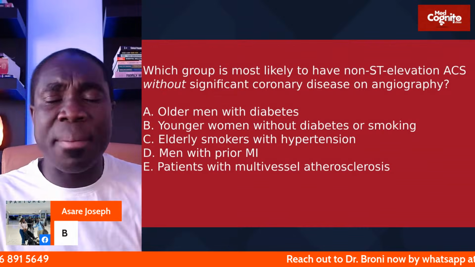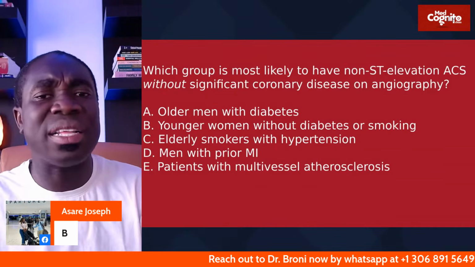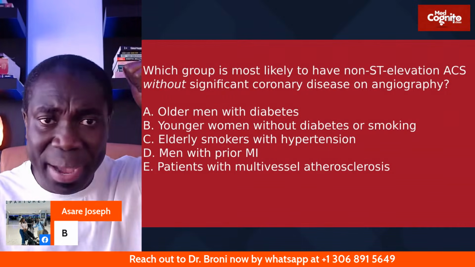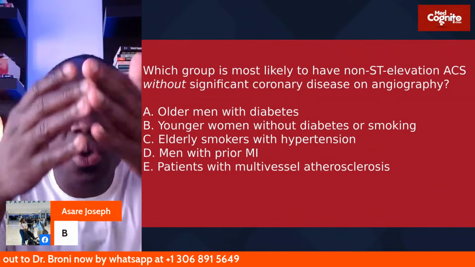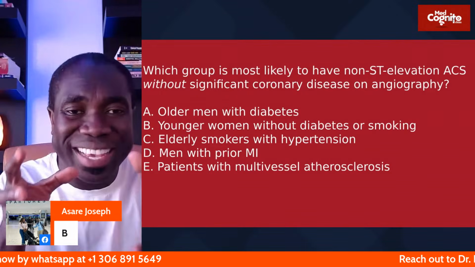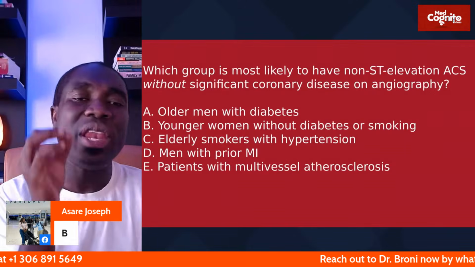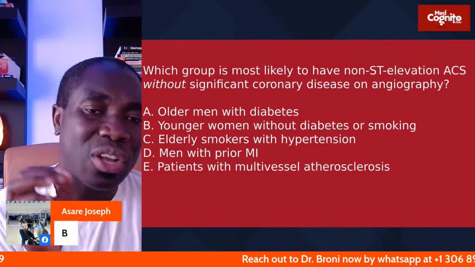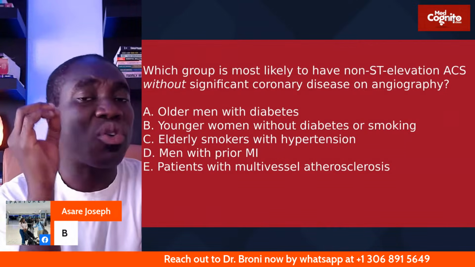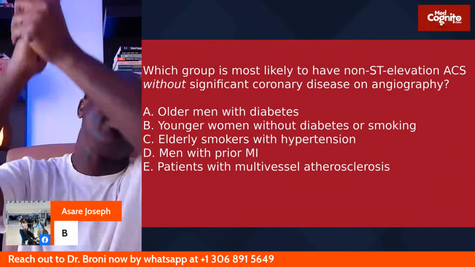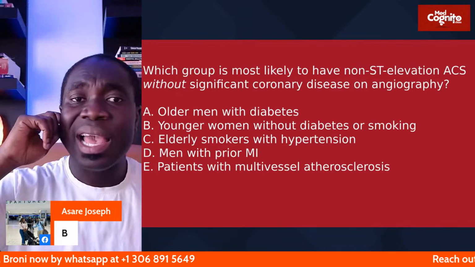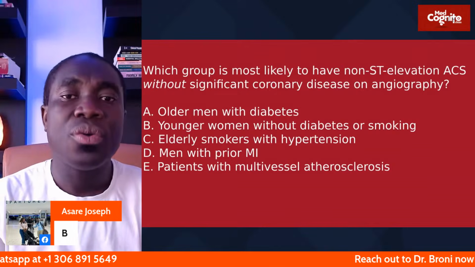Men with prior MI, well, it is because they had significant coronary disease. That's why they had the MI, right? Patients with multivessel atherosclerosis, come on. So all these are staring in your face, risk factors, right? The only one who does not likely have significant coronary disease is that young woman who is walking on the street who plays volleyball or tennis, okay? Or people who smoke.